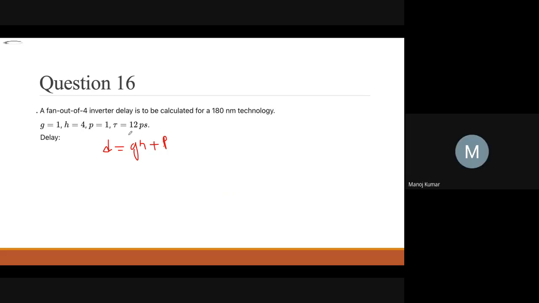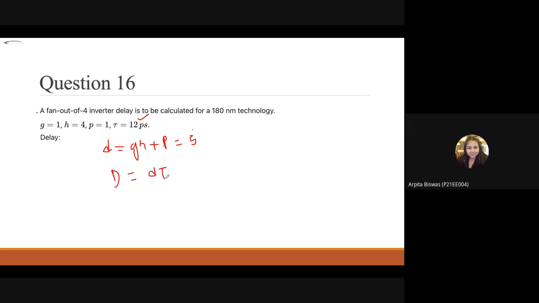Five, ma'am. So this value D is 5, right? Yes, 5. And the total delay is D into tau. Tau is equal to 12 picosecond.